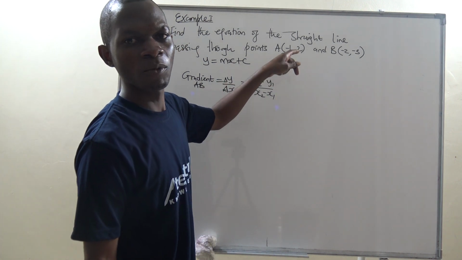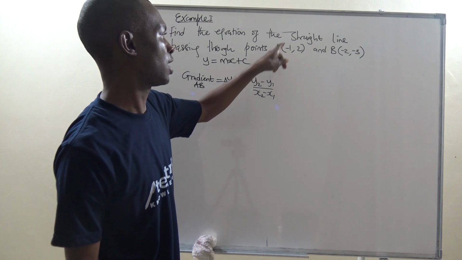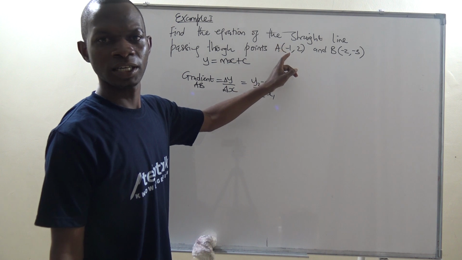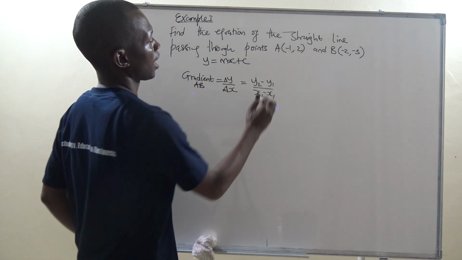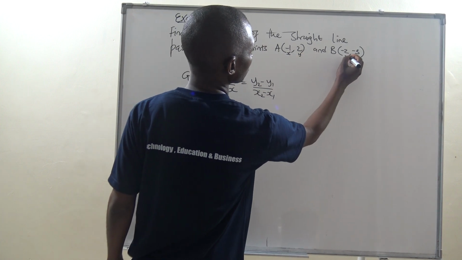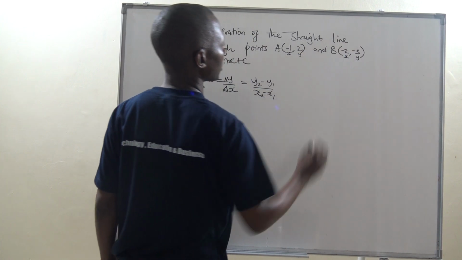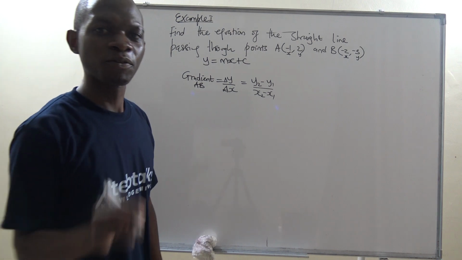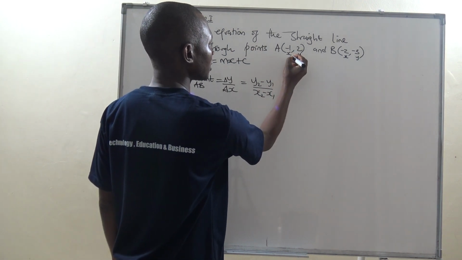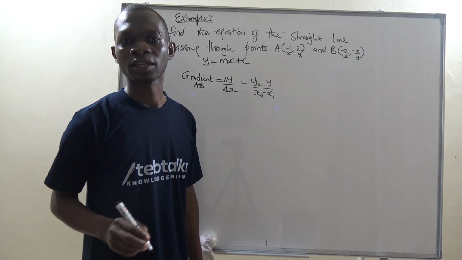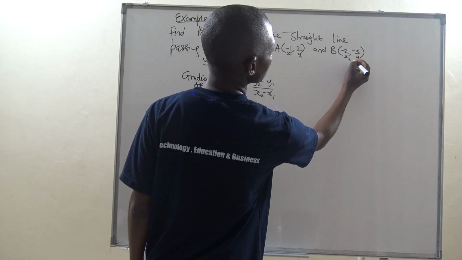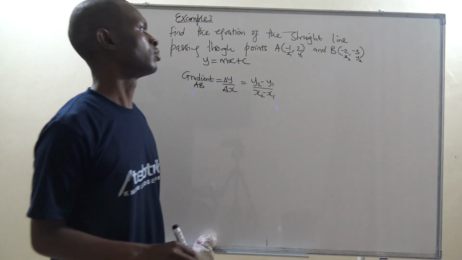When you come on these points of ours, A and B, these points, they have x and y. Also, point B has got value of x and y. Meaning, the first point A has x1, y1. Another point B, it has x2, y2.